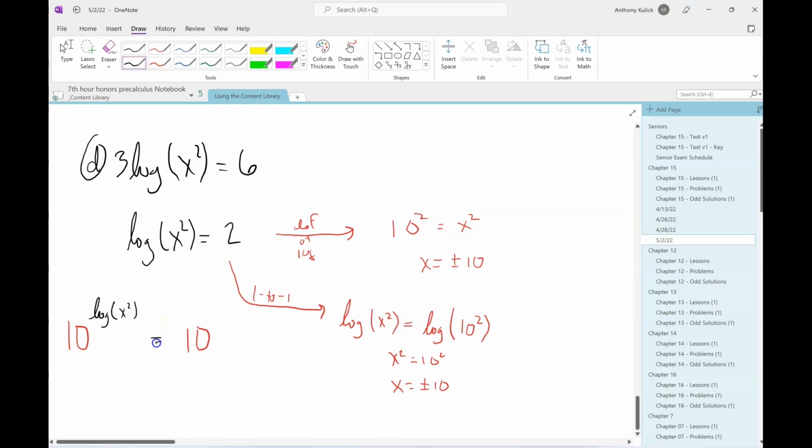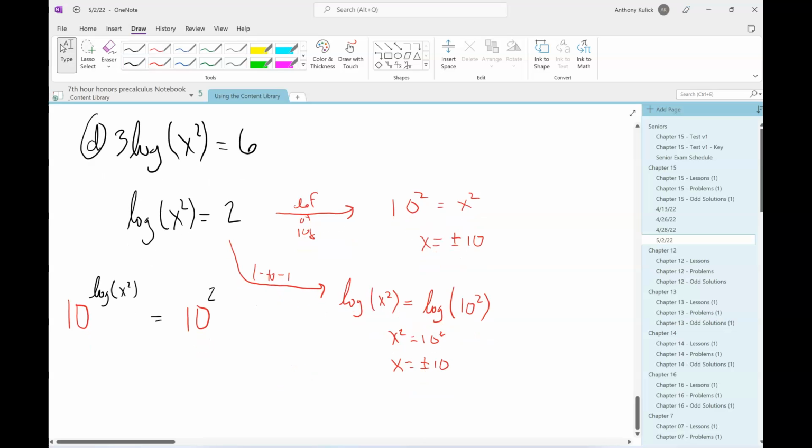So again, I try to write those exponent bases big so that it doesn't look like I'm multiplying by 10. So either of the ways I'm doing this, I'm going to get the same thing, right? Everybody cool?